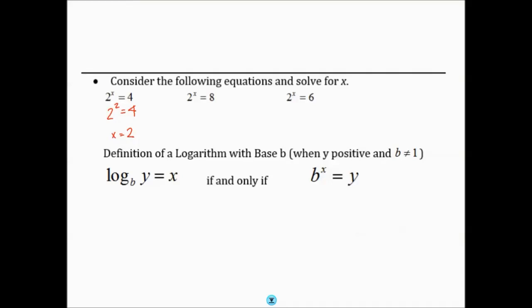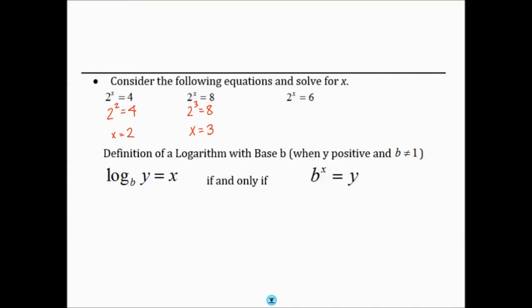You should know that 2 to the third power gives you 8. So for the second equation, x equals 3. Now what about 2 to the x power equals 6? X is going to have to be a decimal for that to be true, which is why we have logarithms.